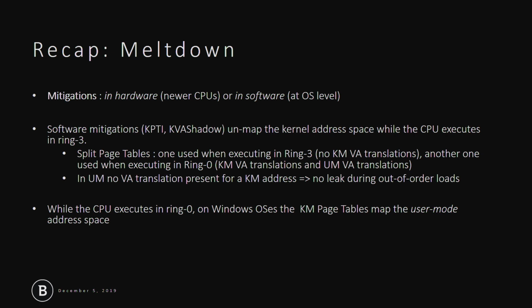And the other set is used when executing in ring 0, which contains kernel mode virtual address translations and user mode virtual address translations. If no virtual address translations are present for a kernel mode address in the set used in user mode, then no leak can occur during out-of-order loads. So we consider Meltdown solved.